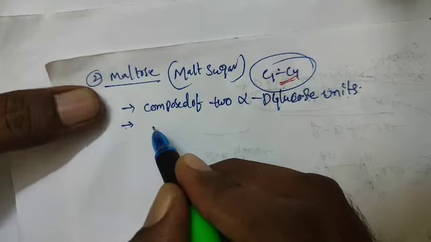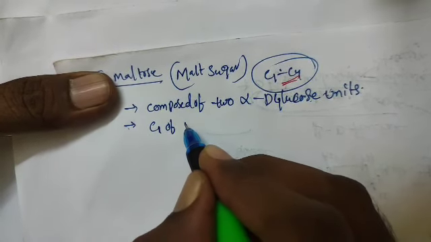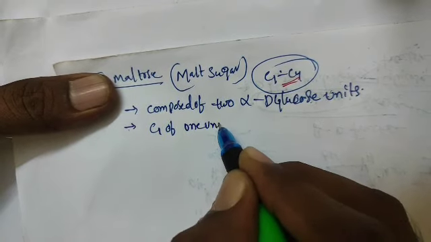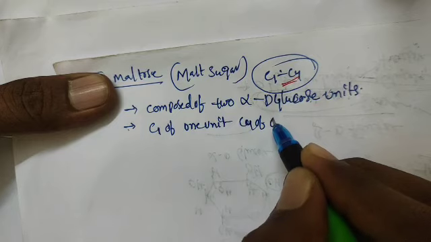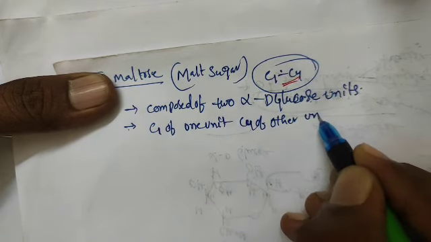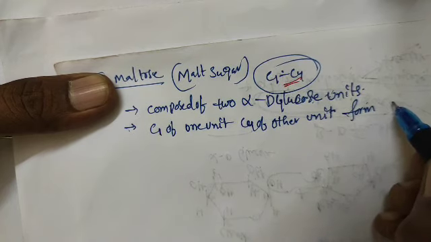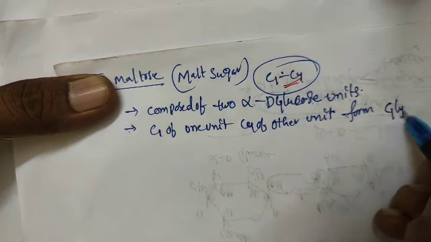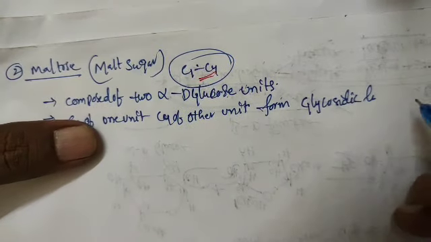The C1 carbon of one unit and the C4 carbon of the other unit form what? A glycosidic linkage.